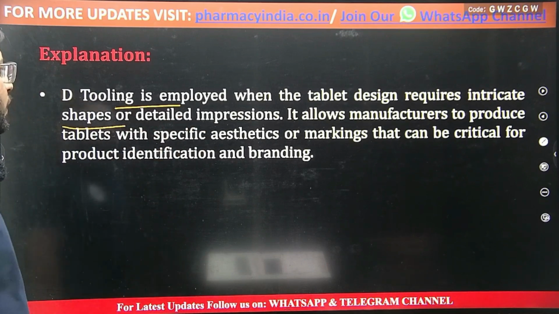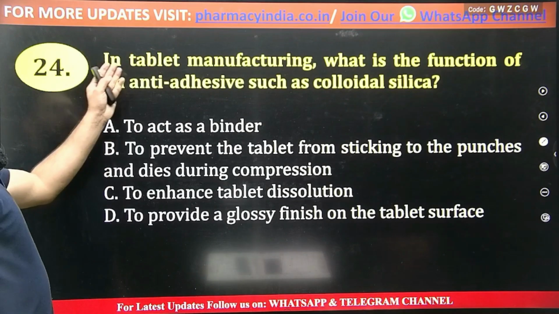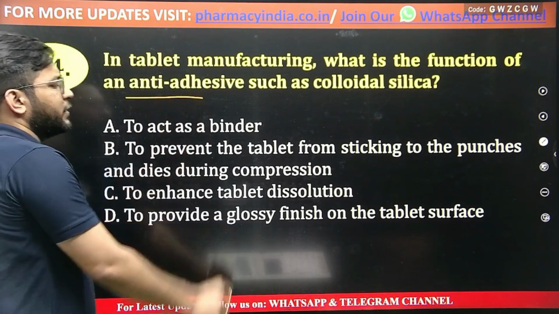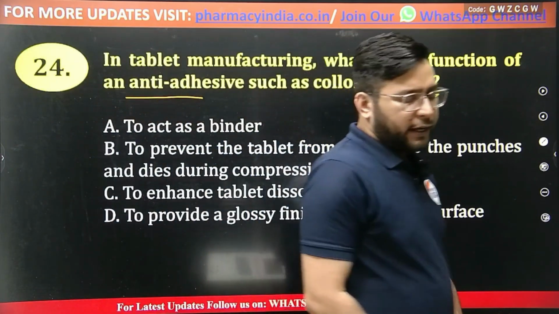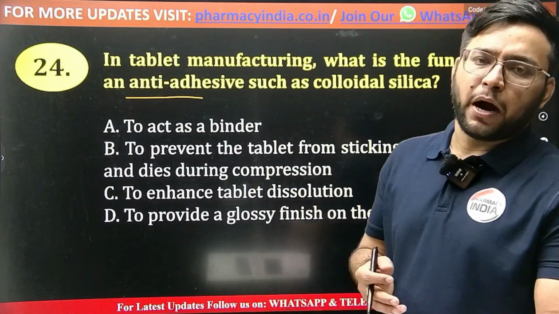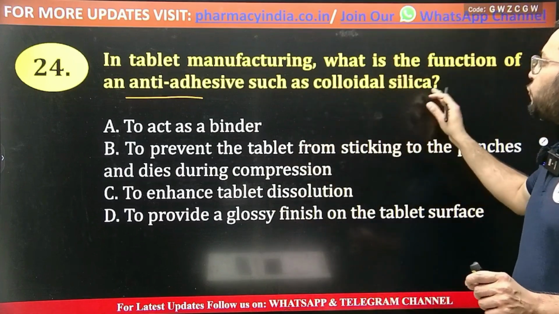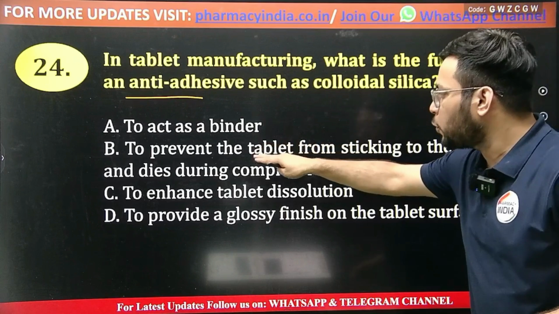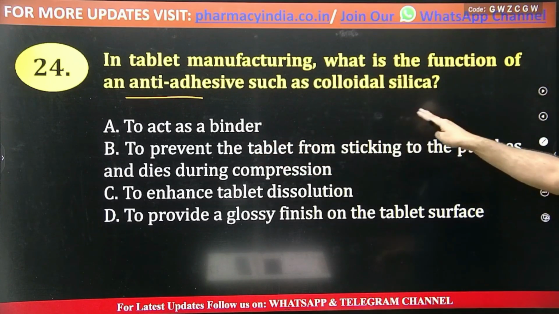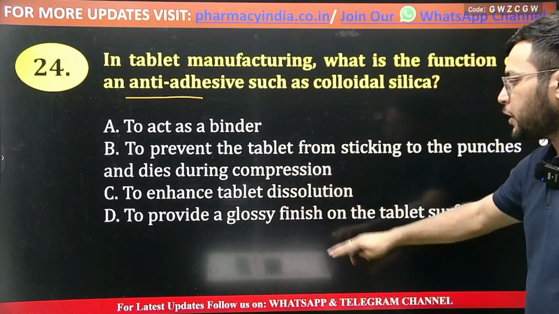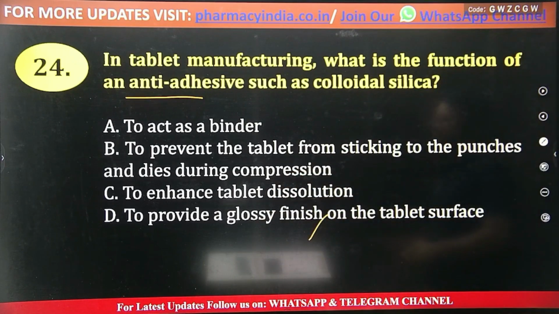Okay, now the next question is, in tablet manufacturing, what is the function of an anti-adhesive such as colloidal silica? Means again the question is asked from the formulation part. Does it act as a binder, to prevent the tablet from sticking to the punches and dies during compression, to enhance tablet dissolution, or to provide a glossy finish on the tablet surface?